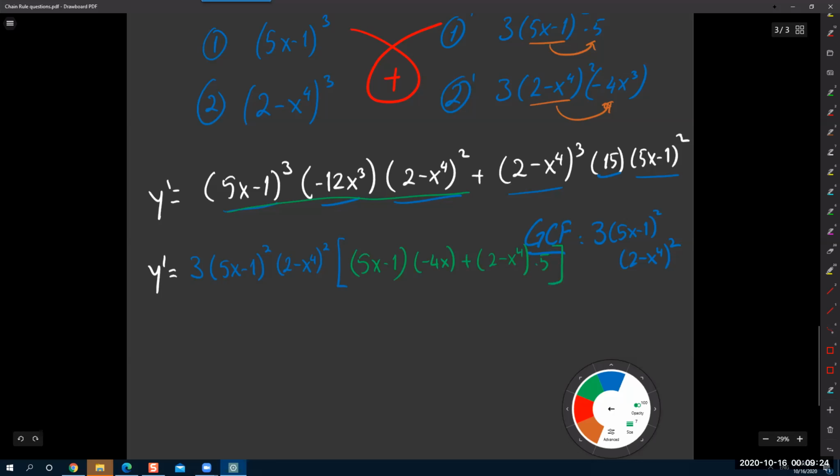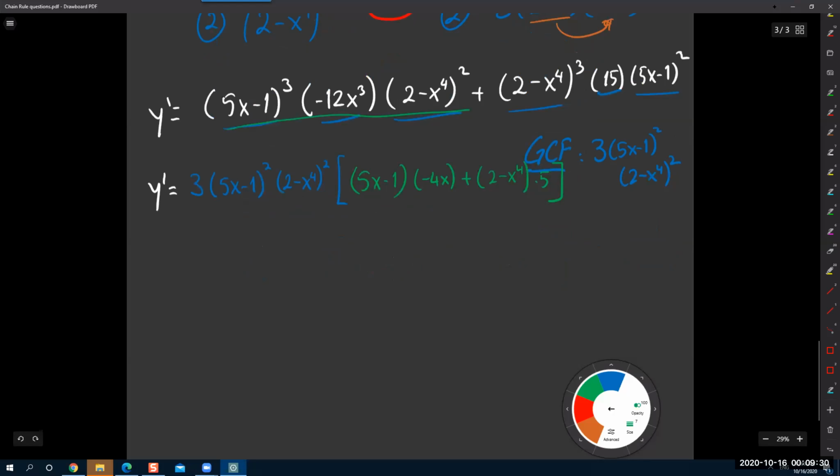Sorry about that, it's just kind of under the GCF, but I don't know if you can see it clearly. So let's simplify it. Don't touch here, this is going to stay as it is. And let's fix here.